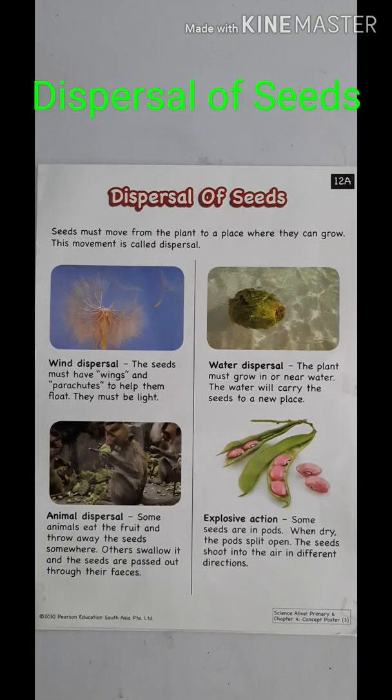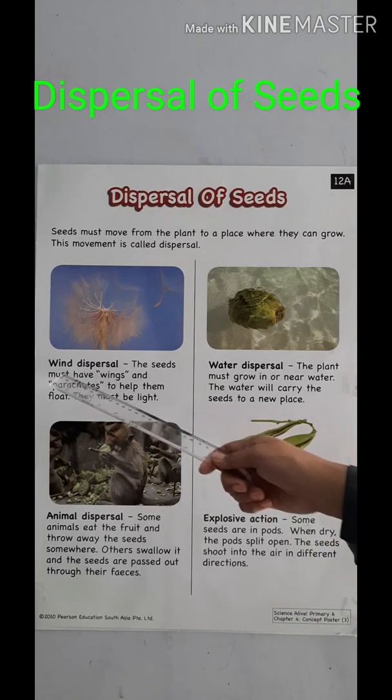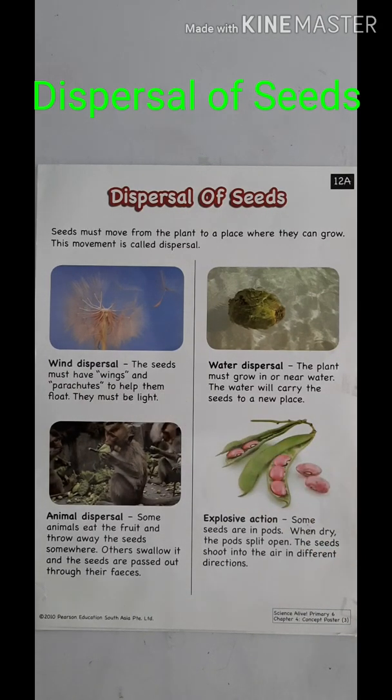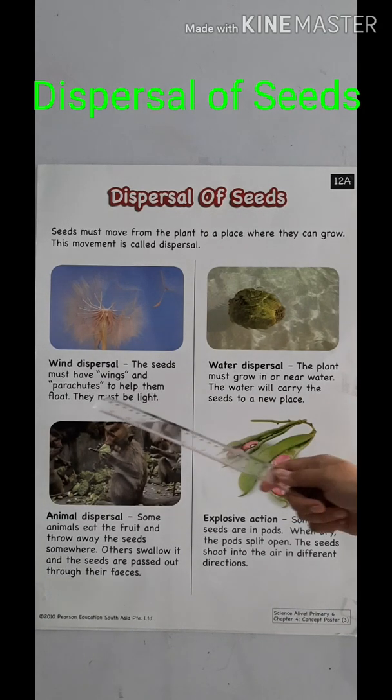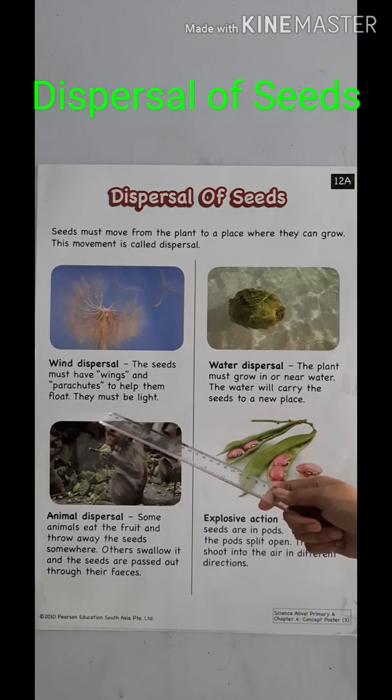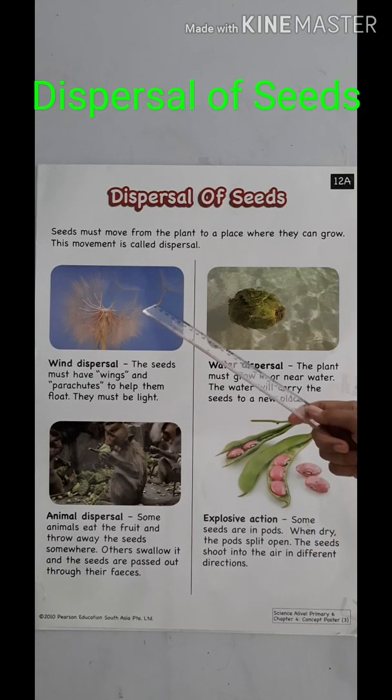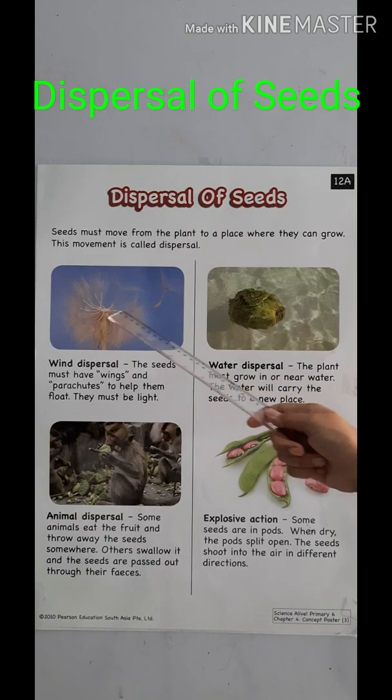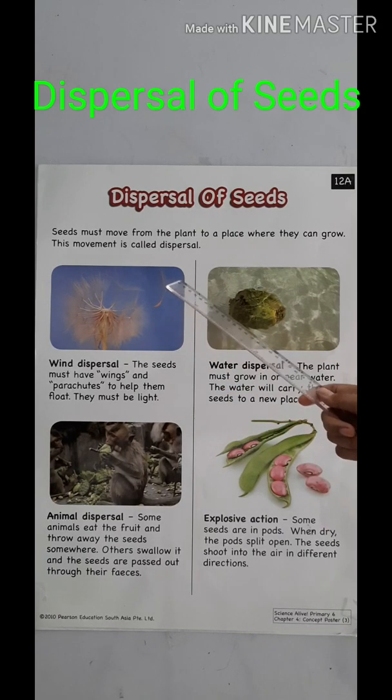There are 4 ways of dispersal. Number 1, wind dispersal. The seeds must have wings and parachutes to help them float. They must be light so they can go by the wind.